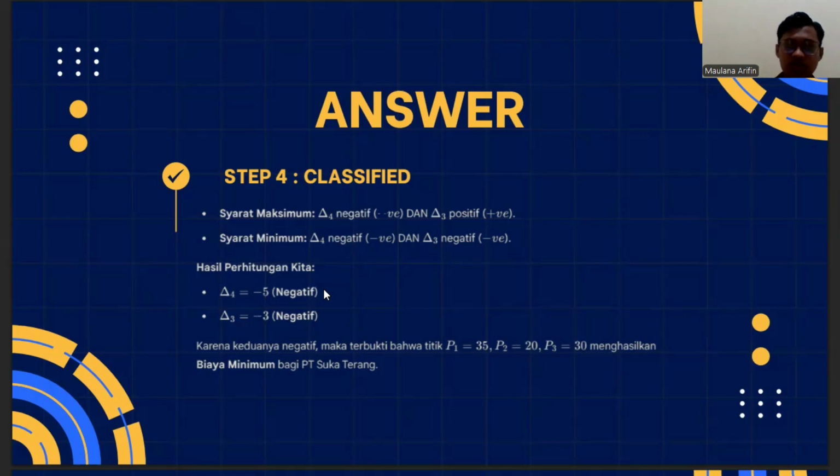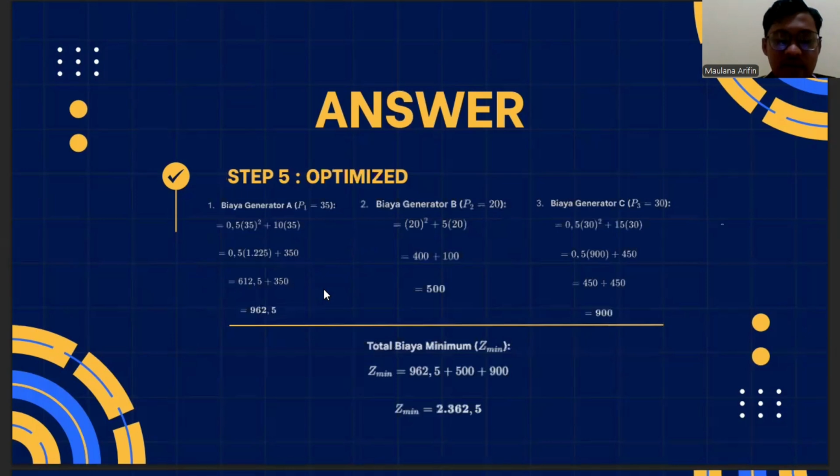And the last step is step 5. To find the optimized value, we substitute the stationary point into the function.